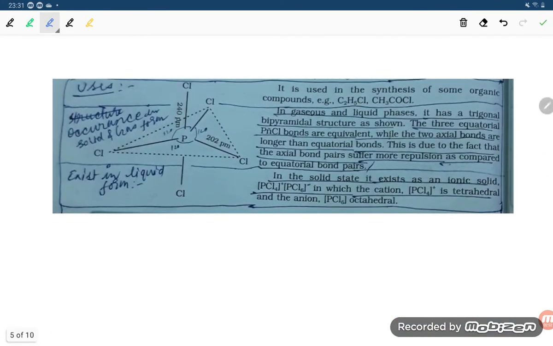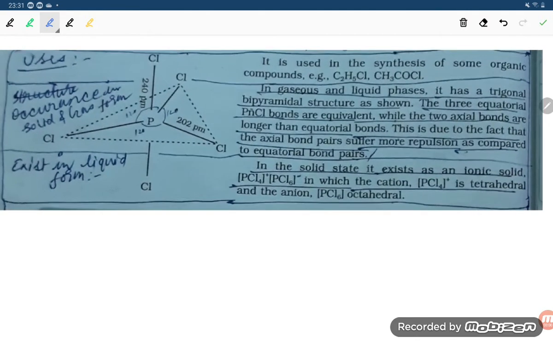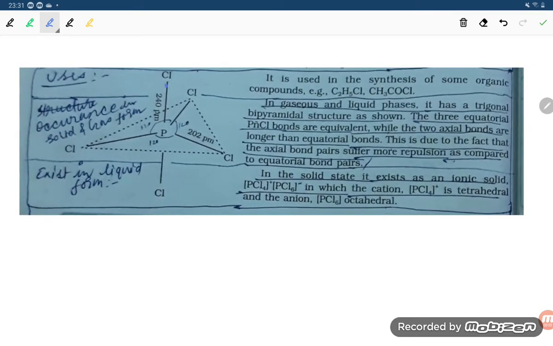Now we are talking about its structure. PCl5 has a trigonal bipyramidal structure, in which the axial bond is 240 picometer, because of more repulsion at 90 degrees, so more repulsion, longer bond length.